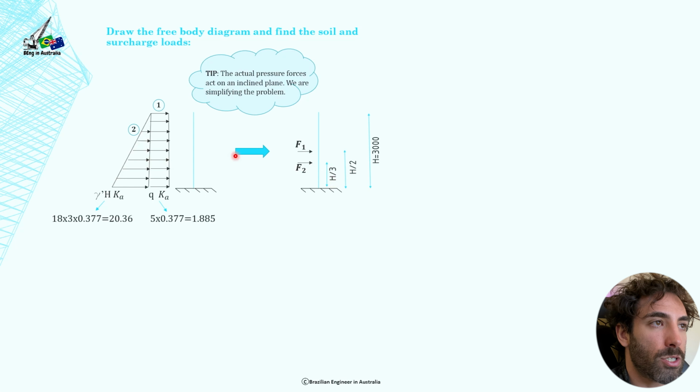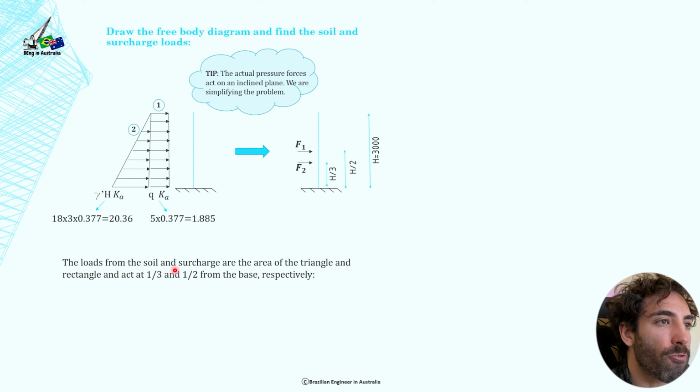So F2, which is for this triangle, is acting at 1/3 here. So the loads from the soil and surcharge are the areas: F1 and F2 are the area of the rectangle and triangle respectively, and they act at 1/2 and 1/3 from the base. That's what we just explained here.